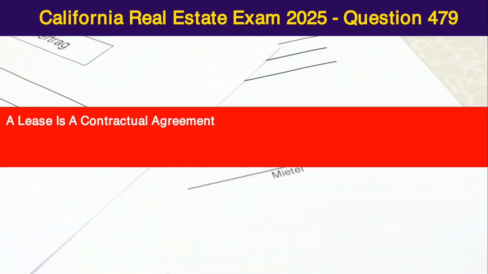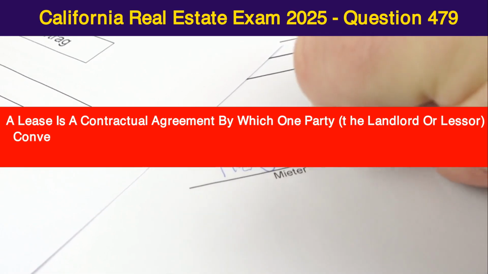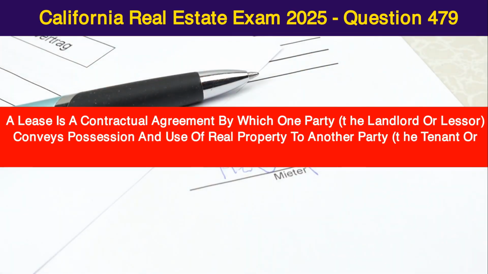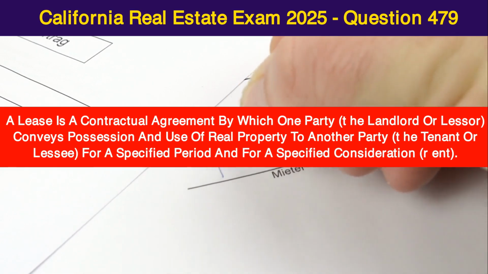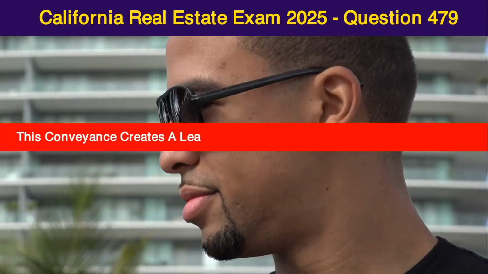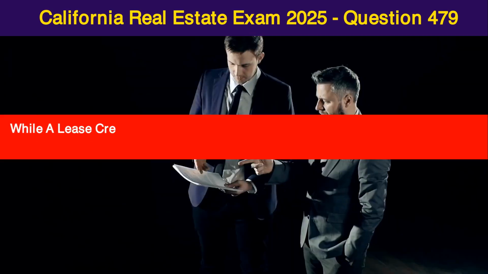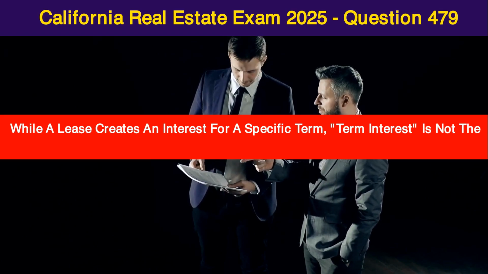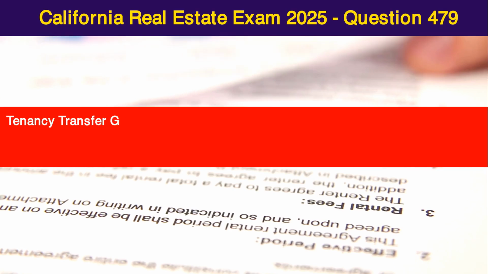Lease. A lease is a contractual agreement by which one party, the landlord or lessor, conveys possession and use of real property to another party, the tenant or lessee, for a specified period and for a specified consideration, rent. This conveyance creates a leasehold interest in the property for the tenant. While a lease creates an interest for a specific term, term interest is not the standard legal term for the act of conveying that interest.